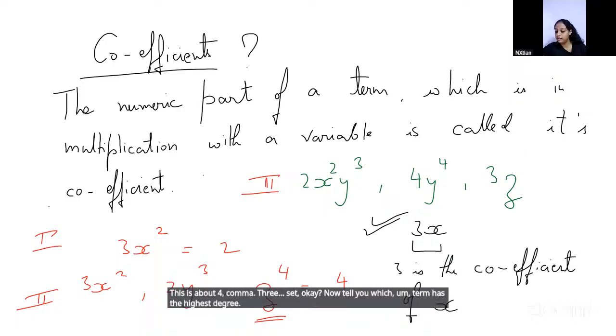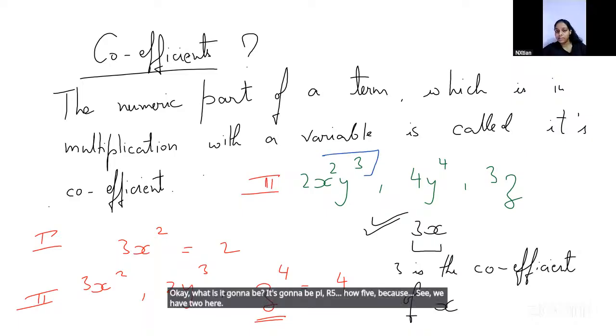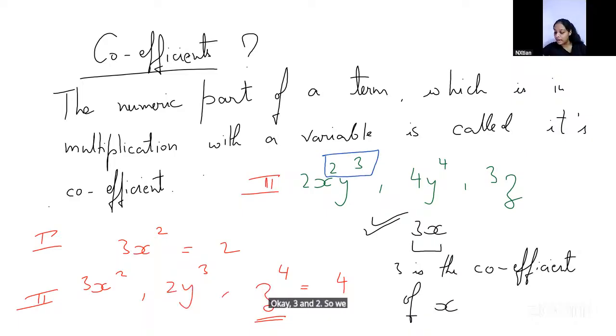It's not going to be 4. If you say 4, it is wrong. It's going to be 5. How 5? Because we have the powers 2 and 3, so we add them. 2 plus 3 is 5.